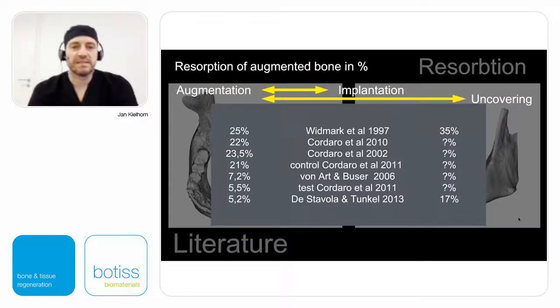And going on from that, if you look at the studies, you will see all the studies about the stability of natural bone blocks stop at the time of implant placement. There are only 2 studies showing what happens with the further resorption after implant placement.